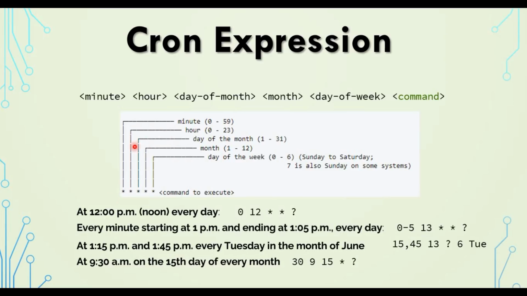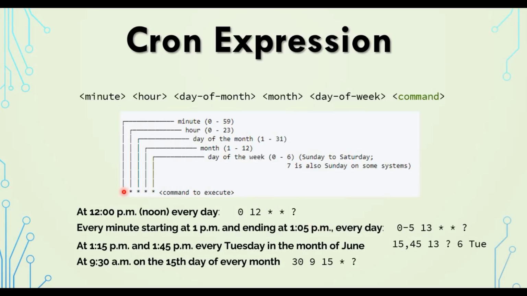The first star means every minute, the second star means every hour, then every day of month, every month, and every day of week. Star is a wildcard, so it can be any value, but usually you set a value like 0 to 59.